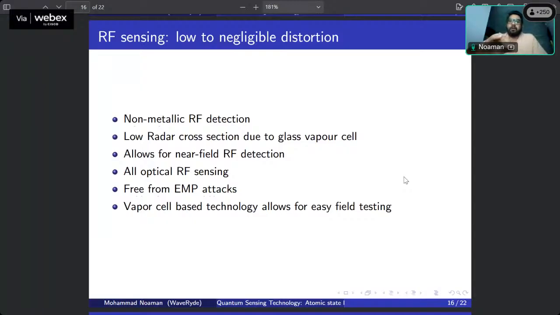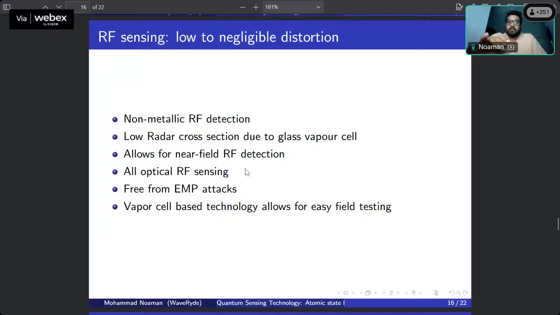But if you apply a very high pulse of electromagnetic field, that can just go through the sensor and through the chip and damage the chip, and it won't work. That's one of the damaging trade-offs with the existing classical sensors.